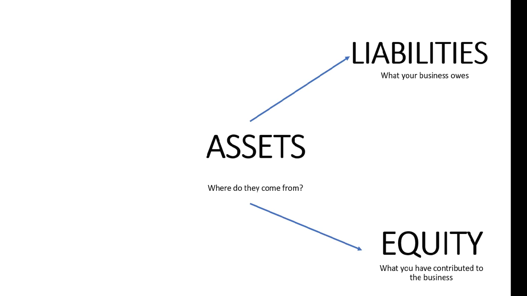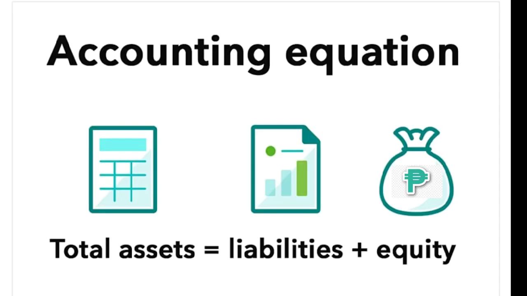Based on this understanding, we can now come up with our basic accounting equation. Our basic accounting equation tells us that our total assets should be equal to our total liabilities and our total equity, because we already understand that these assets came from someone else that we owe, so that's liabilities.